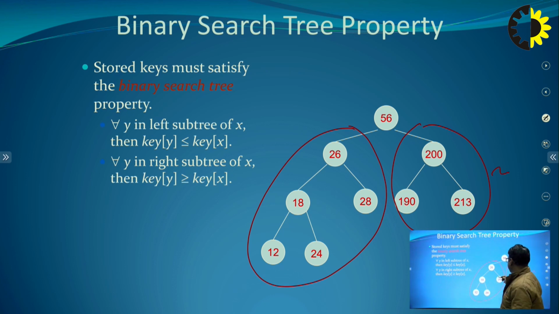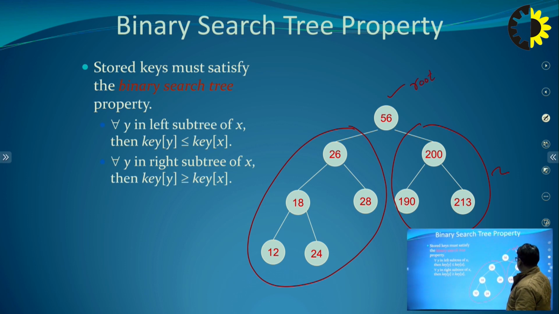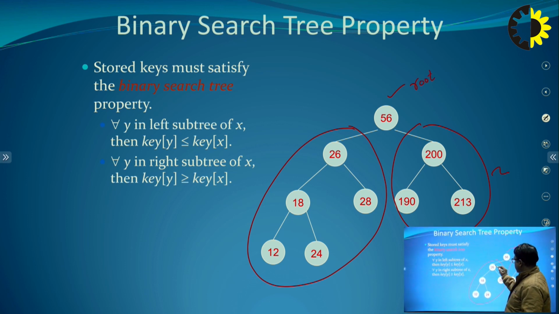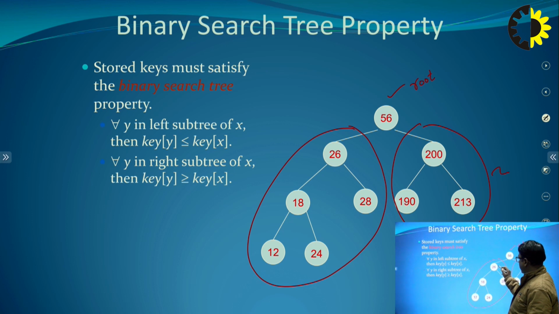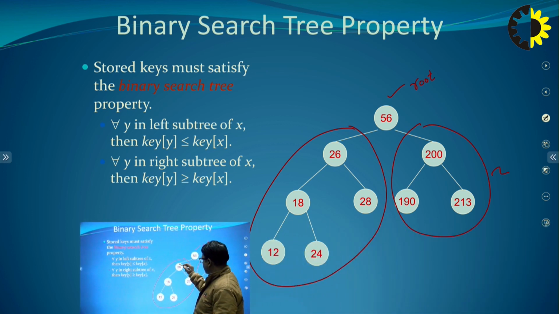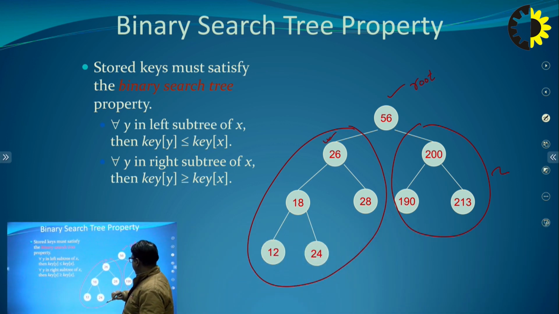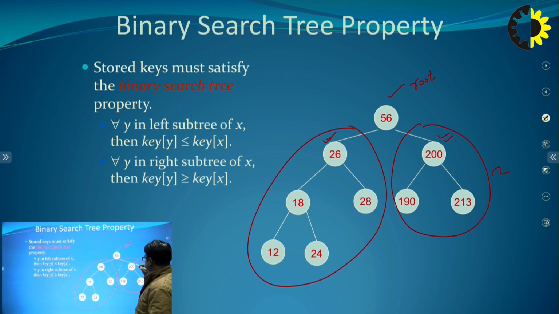What we are referring to here is, if this is the root, the left child of this root node is 26 and the right child is 200.